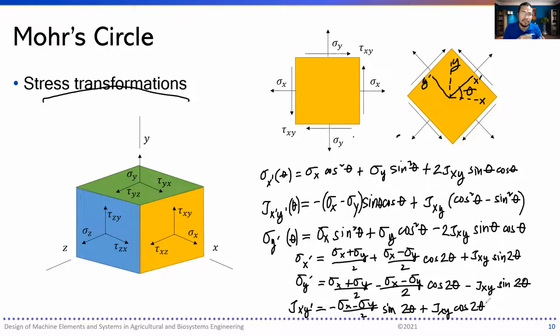These are combined stresses, and this is what happens when machines are in operation. The material will be experiencing both normal and shear stresses, and we'll see in a while.